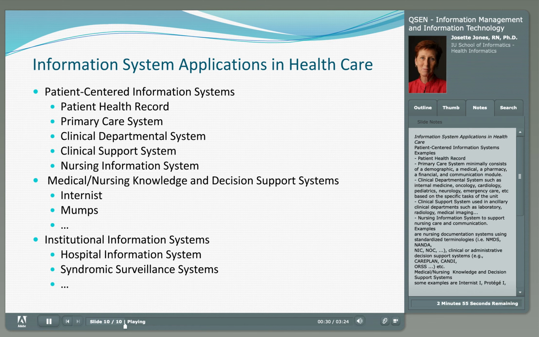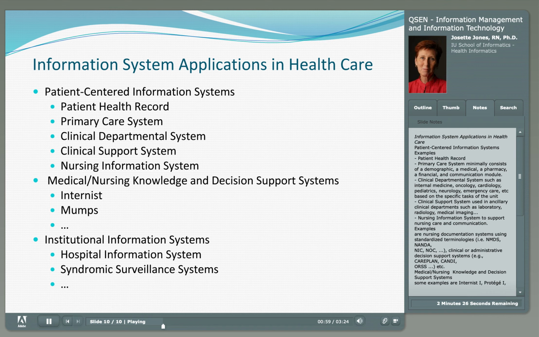These include the electronic medical record, the electronic health record, and the personal health record. The difference between each of those is that the electronic medical record is managed and owned by a physician, while the electronic health record is managed and owned by a healthcare institution, and the personal health record is managed and owned by a patient.